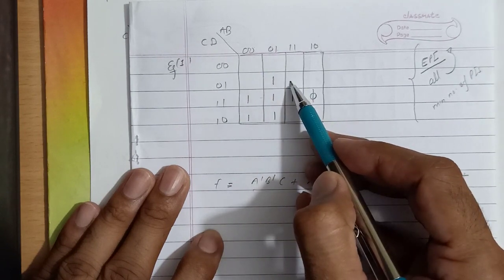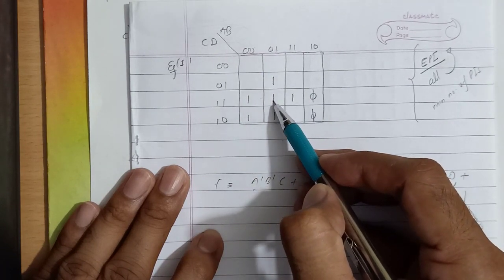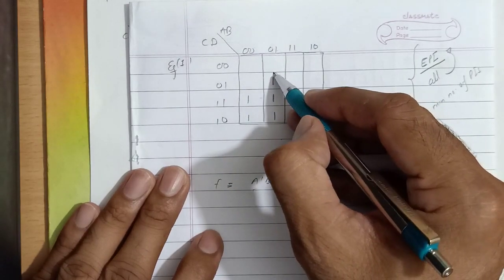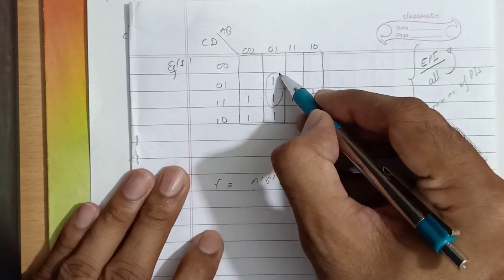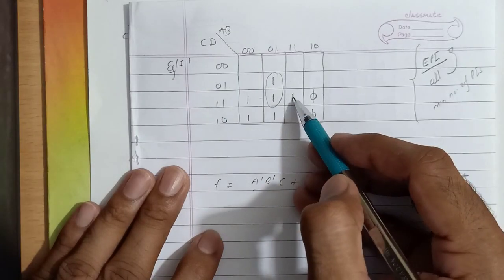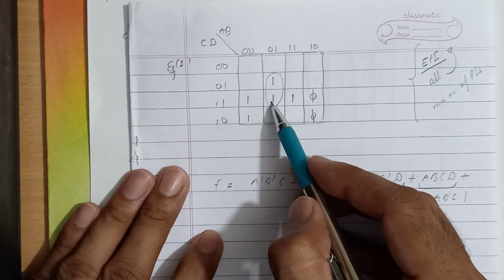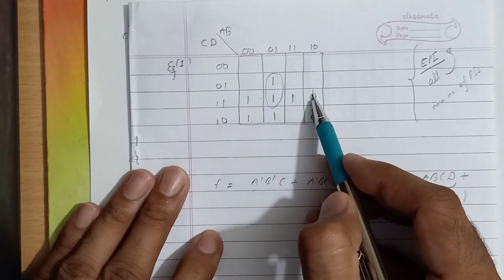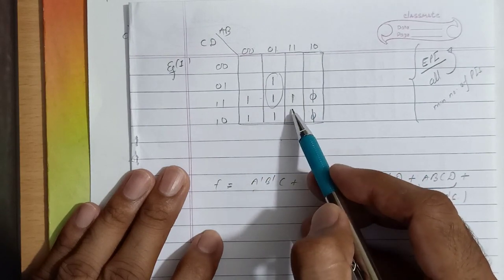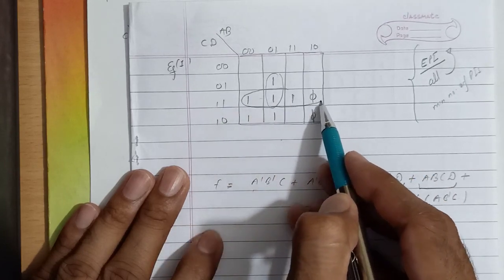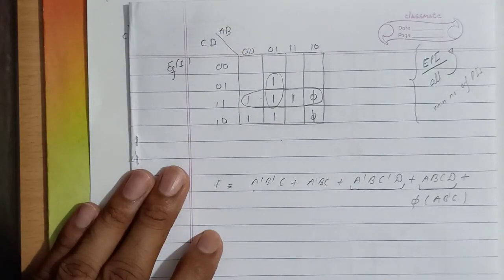These 3 positions have no neighbor. This is the only neighbor, so it can be covered by this term only. So this is an essential prime implicant. Okay, if I consider this one, this and this are the neighbors, and these 2 positions are vacant, so these 2 neighbors can be combined by this. So this is also an essential prime implicant.